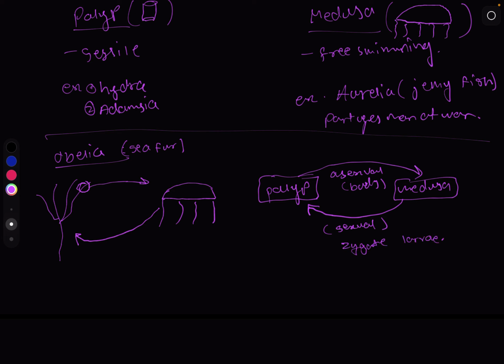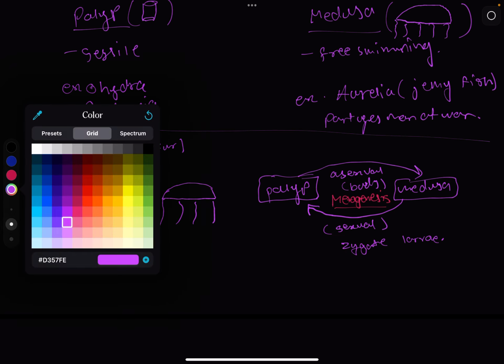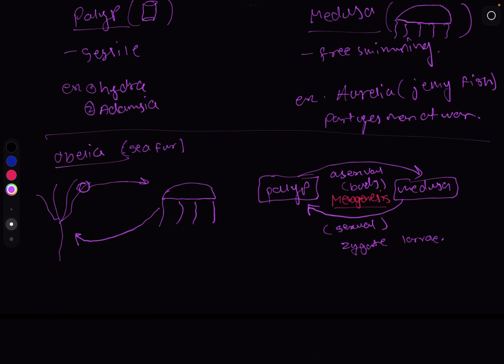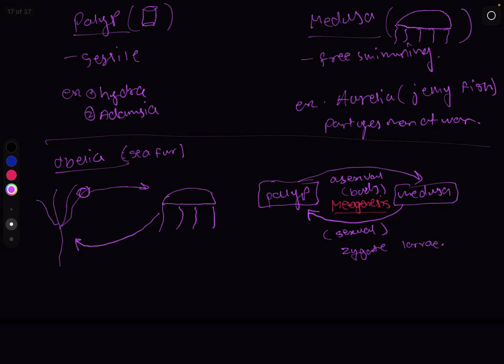This is only in the case of Obelia, and this is known as metagenesis. It is the alternation of generation of sexual and asexual modes of reproduction, and this is only found in Obelia according to NCERT.